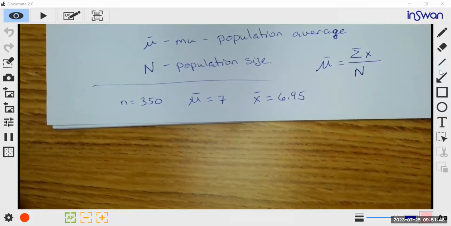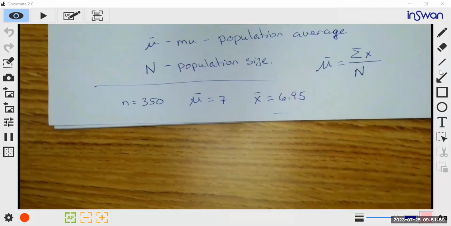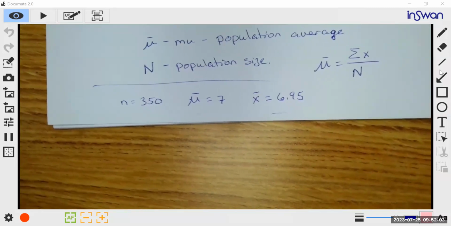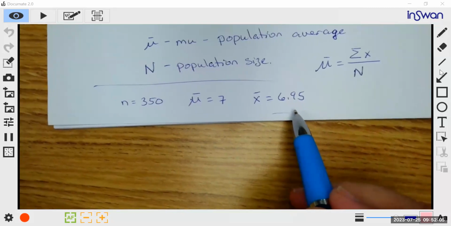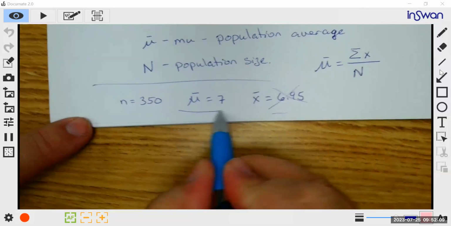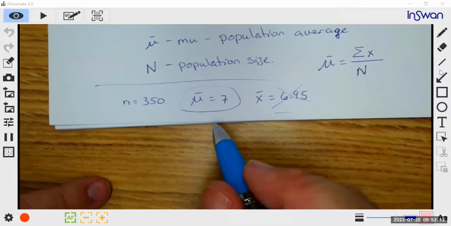So what number would you look at? Which one would you go by? Which one's more accurate? We know the sample size is 350. Which average? These are both averages. Okay, who would go with this number? Because it looks nice. This is of the population. This is the exact number we're looking for.